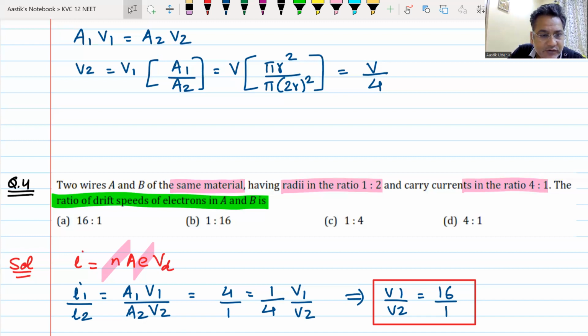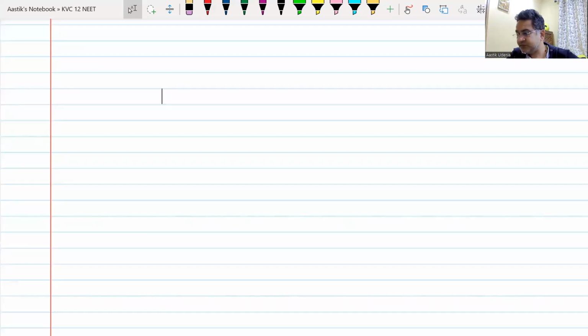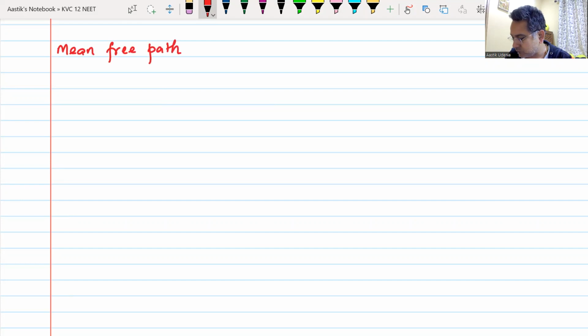We can write the next point as mean free path. Now, what do you mean by this mean free path? It is represented by the letter lambda.